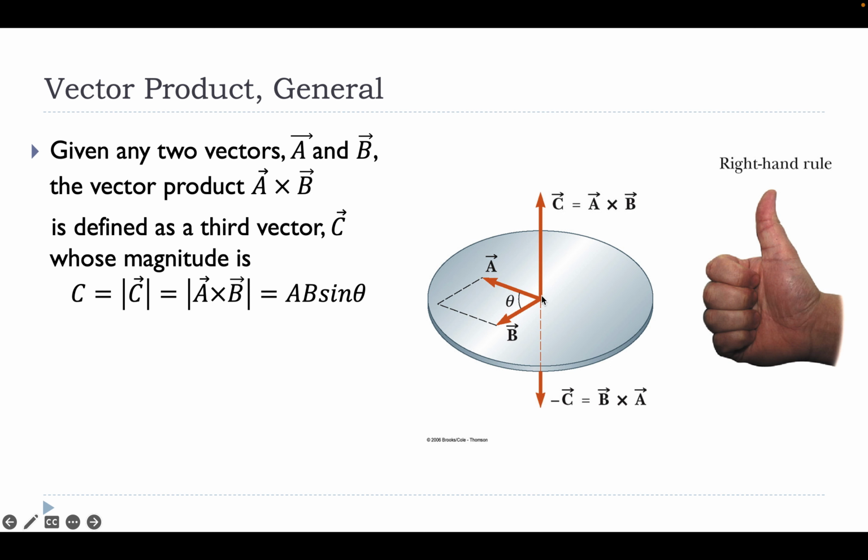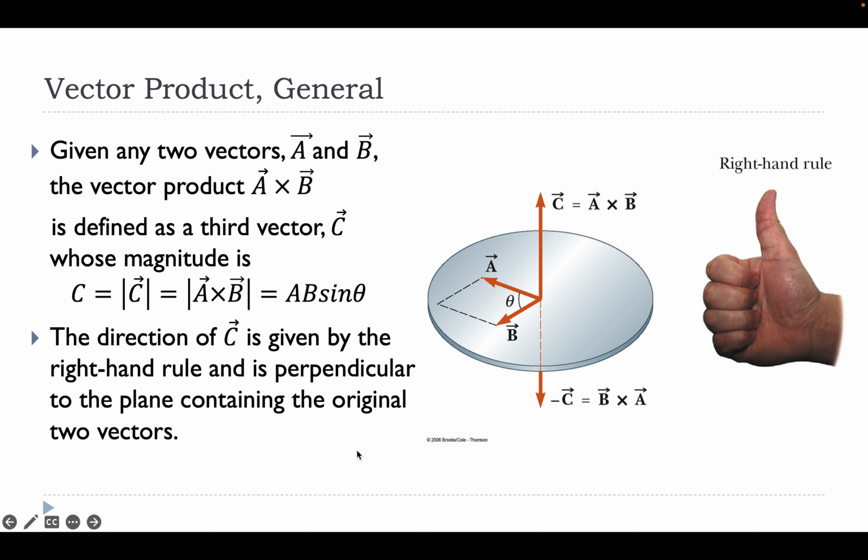Now, there's two directions that are perpendicular to the plane. One direction is upward and the other is downward. So how do we decide which is the correct direction of the cross product? One way we can do that is by using the right-hand rule.